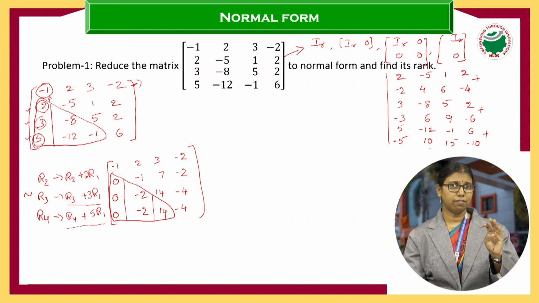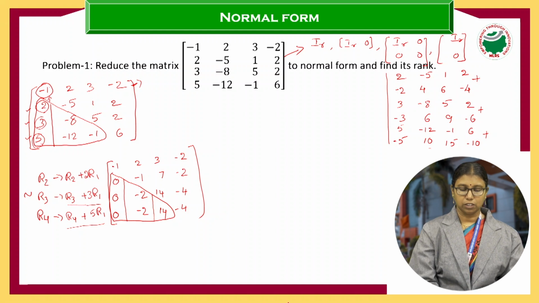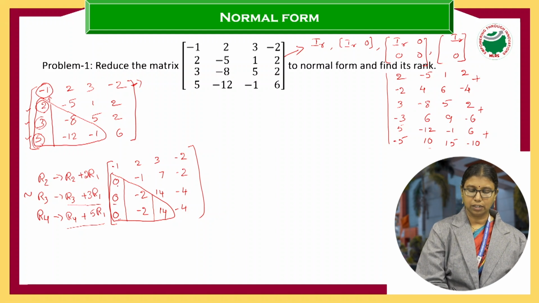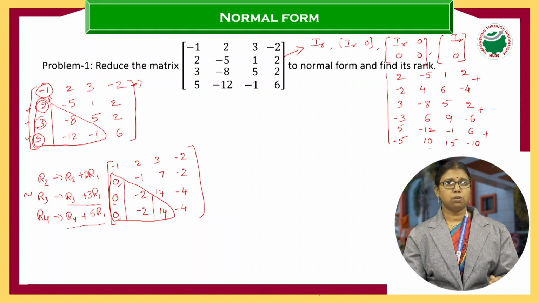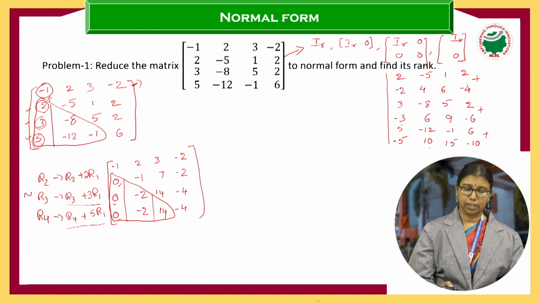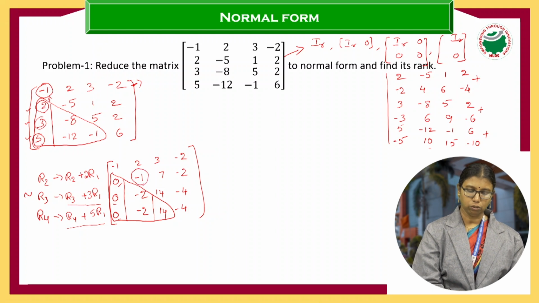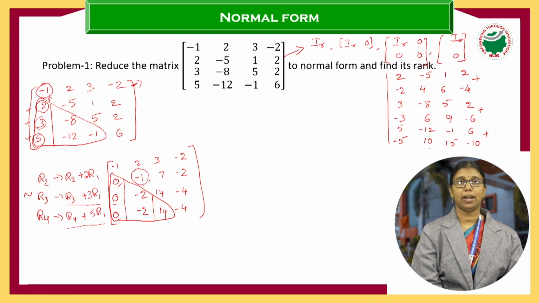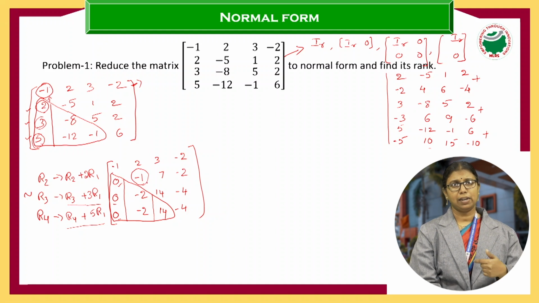We are not changing R1 and R2, but you have to choose the row which is similar to R3 and R4. That row is R2 only. So, by using R2 only, you can change R3 and R4. The corresponding value in R2 for minus 2 and minus 2 is minus 1. So, instead of minus 1, if you get 2, by subtracting both the rows, definitely you will get 0.